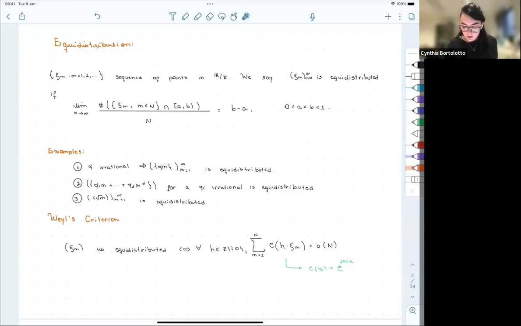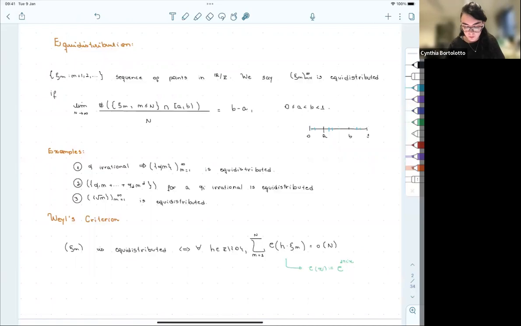We say that the sequence is equidistributed if, whenever we take an interval (a, b) inside the interval [0, 1] and count how many points of our sequence are inside, up to some n, and then divide by n, when we take the limit we get the size of the interval.